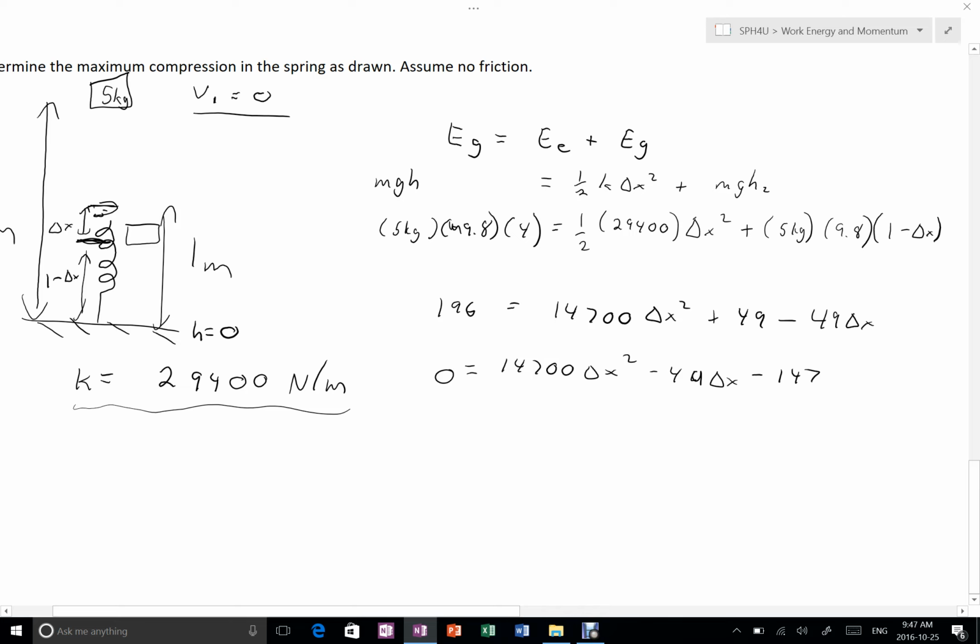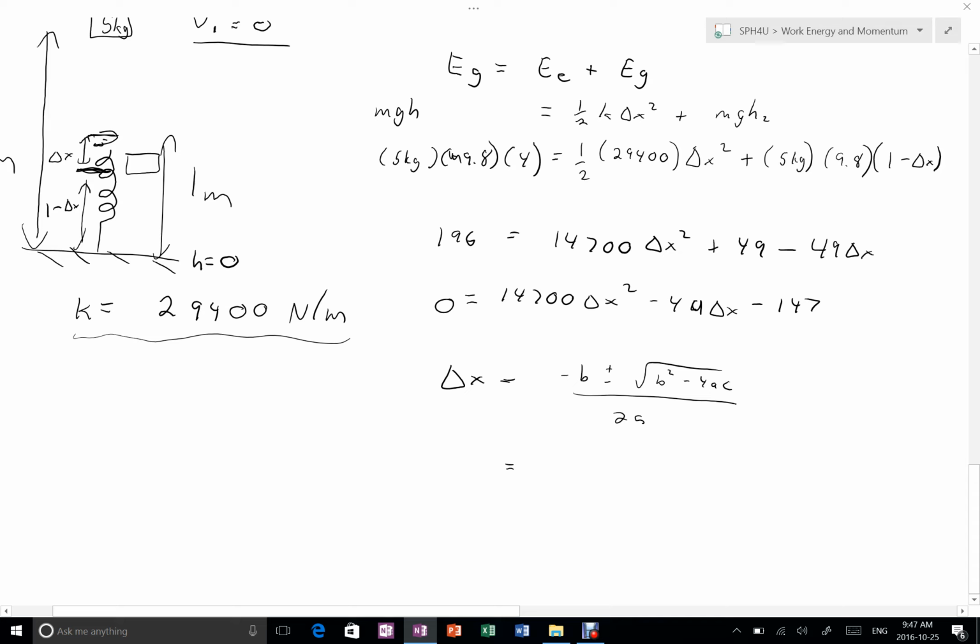Okay. Just looking, make sure I don't see any obvious mistakes before I enter this all into the quadratic formula. Remember, delta x is equal to negative b plus or minus the square root of b squared minus 4ac divided by 2a. So in this case, I'm going to do this all in my calculator right up front.